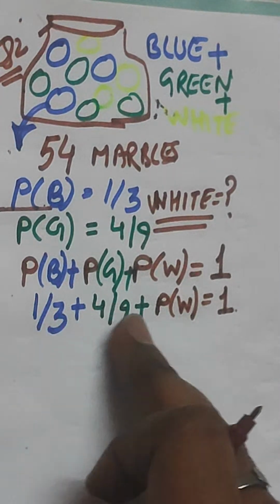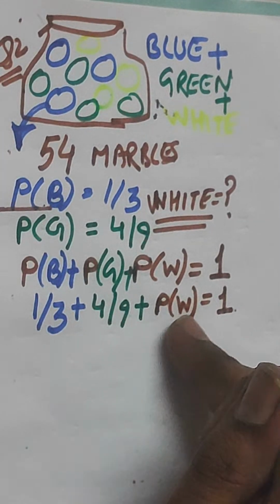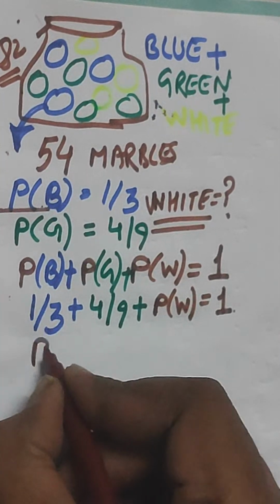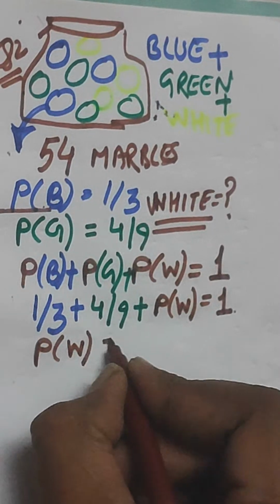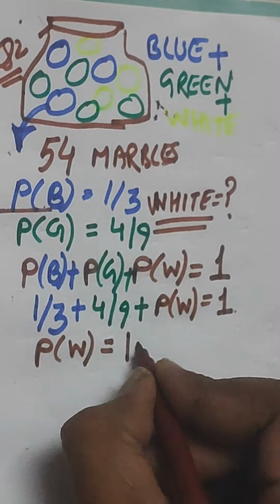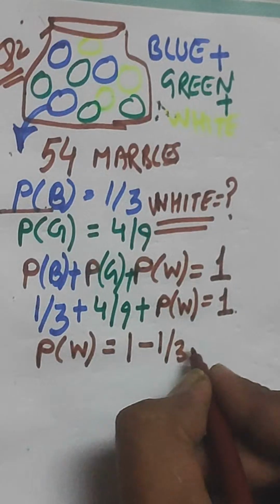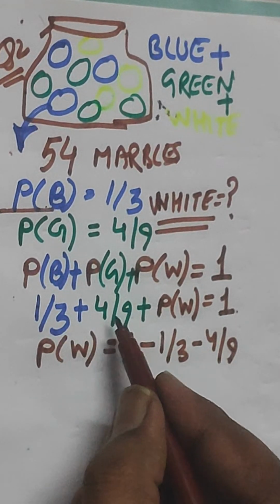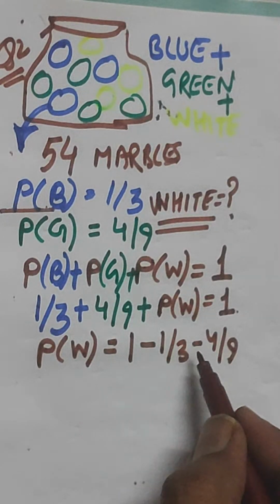Now just add and find the probability of white. So the probability of white can be calculated as 1 minus 1 by 3 minus 4 by 9, where these two terms from the LHS are shifted to the RHS.